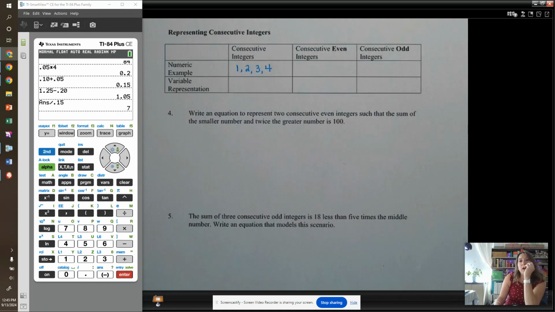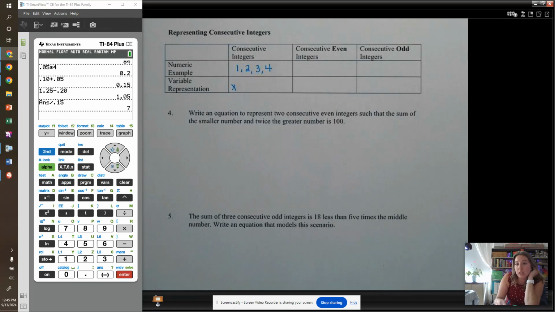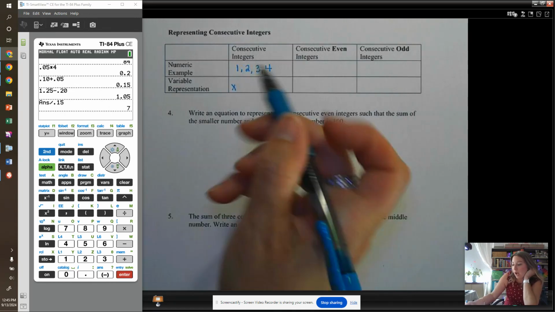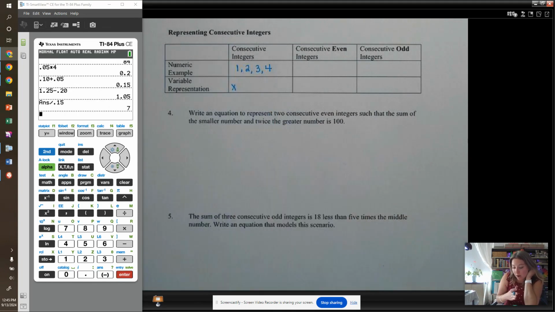How would I represent consecutive integers as variables? Well, I always make the first thing a one single variable. But how do I get from this first number to this second number when I'm literally just counting numbers next to each other? Well, each number next to it on a number line is adding 1.